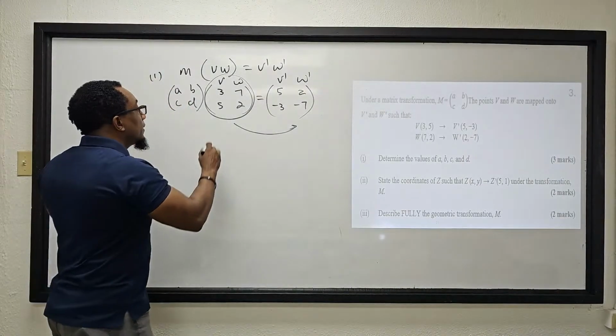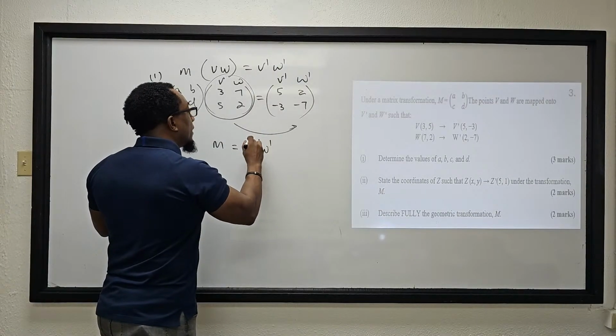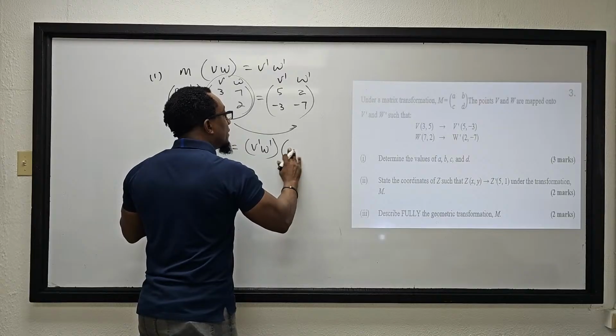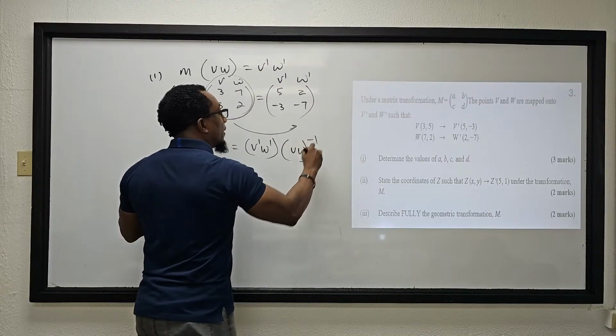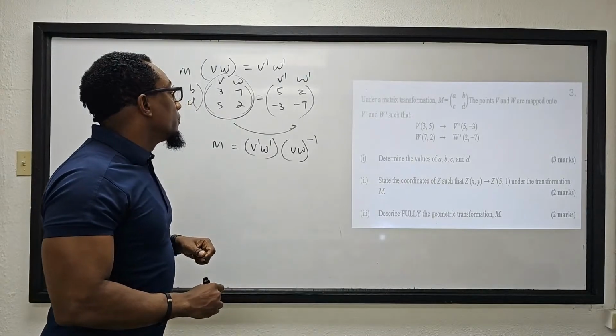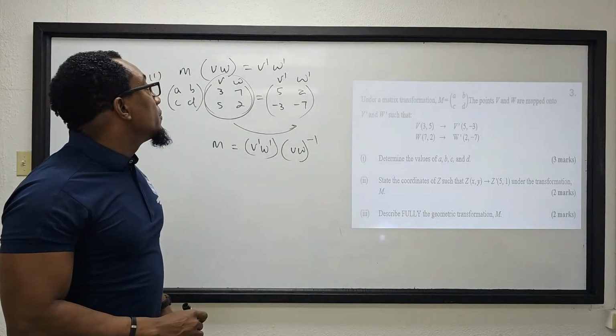So M will be equal to V prime W prime times the inverse of VW, and the inverse of VW will be written after V prime W prime.